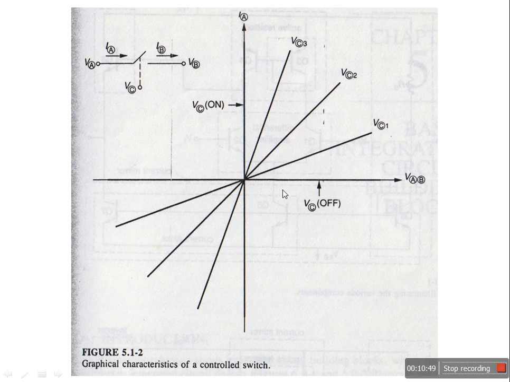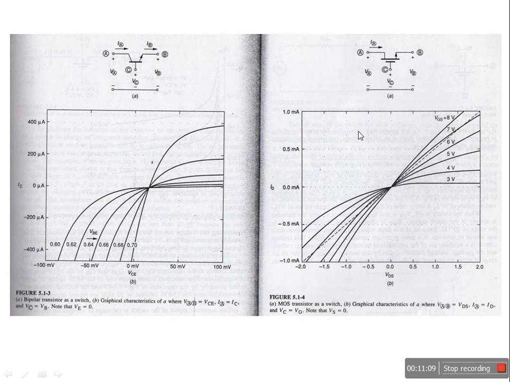Now we will see how we can implement this switch. The switch we have discussed, what should be its properties. Now we will see how we can implement this switch using BJT and CMOS. Let's see. The first figure is showing the BJT implementation of the switch.